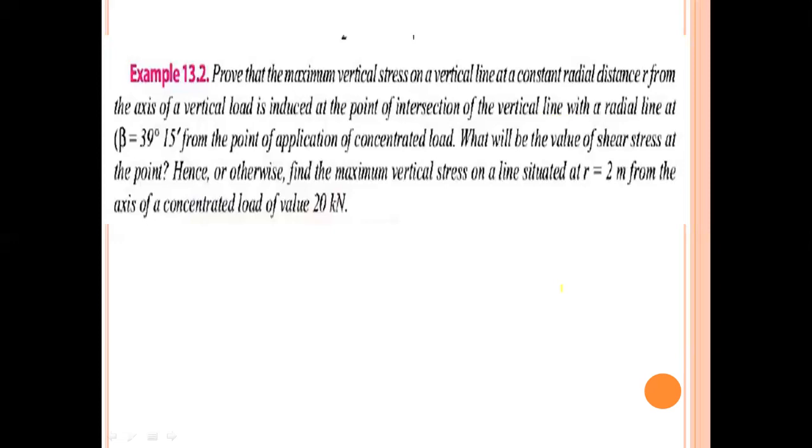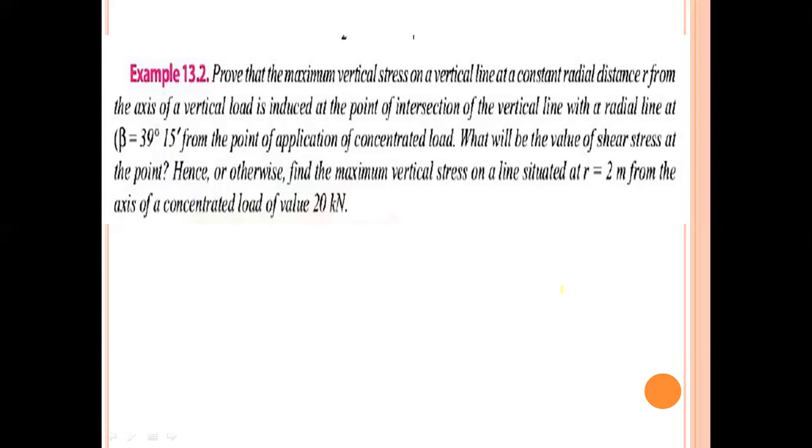Next, write the second problem. Prove that the maximum vertical stress on the vertical line at the constant radial distance r from the axis of vertical load is induced at the point of intersection of the vertical line with the radial line at beta equal to 39 degrees 50 minutes from the point of application of concentrated load.